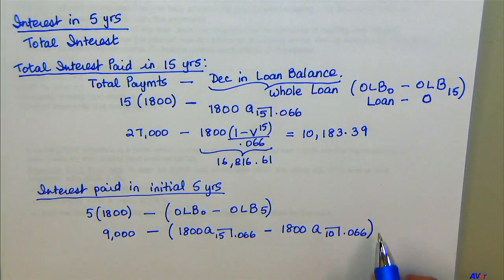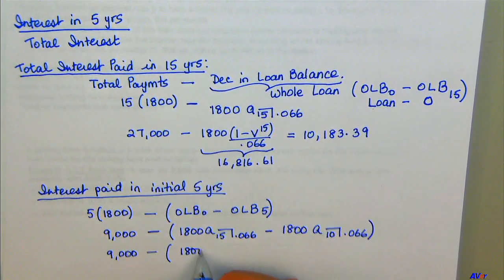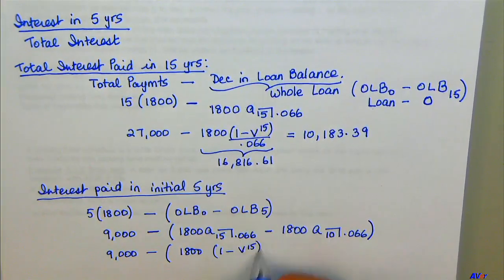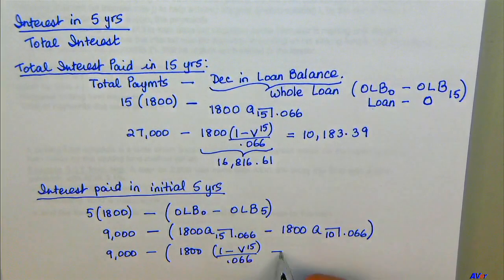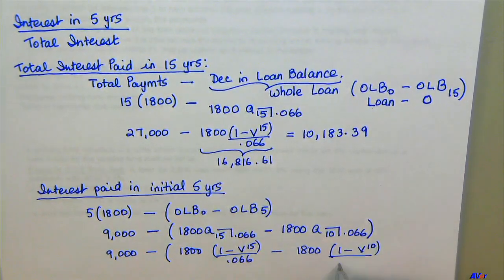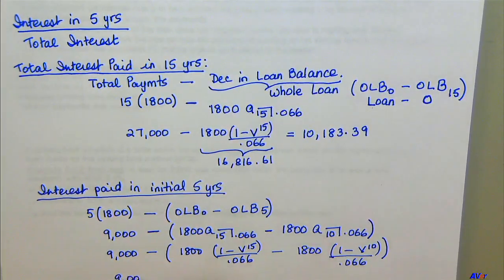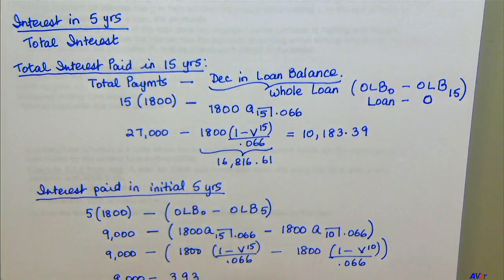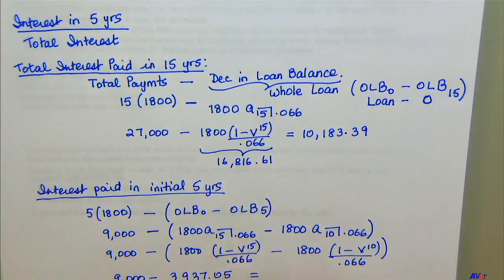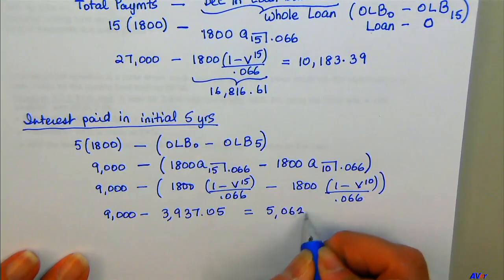Cleaning that up: 9,000 minus 1800 times (1 minus v to the 15) over 0.066 minus 1800 times (1 minus v to the 10) over 0.066. So I get 9,000 minus 3937.05, which gives me 5062.95.